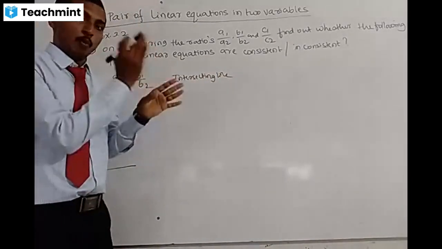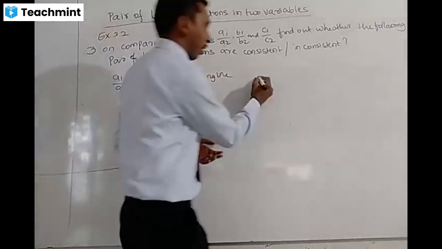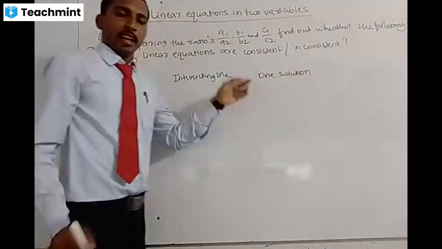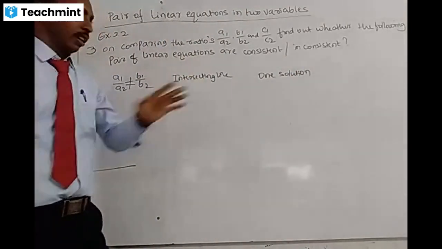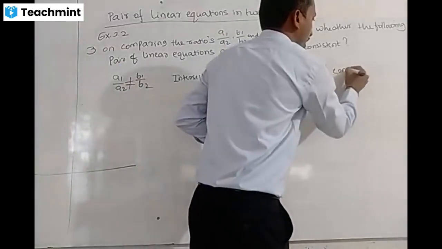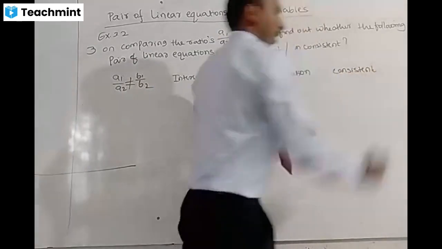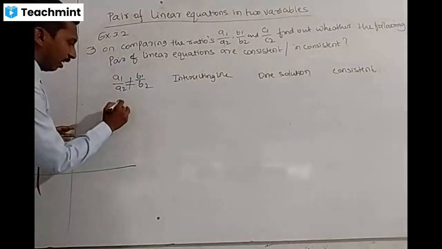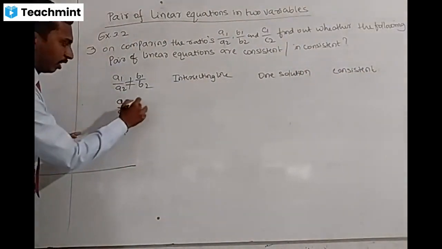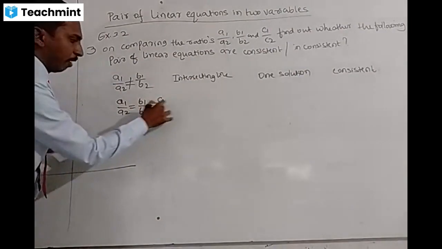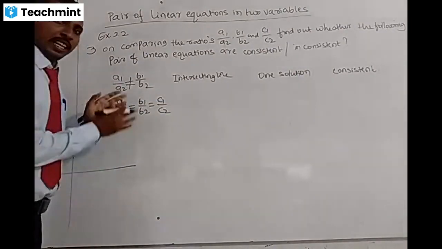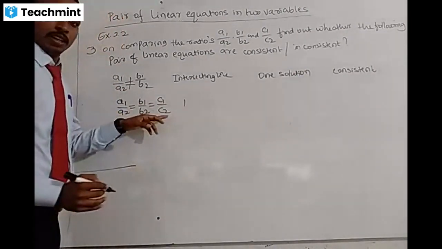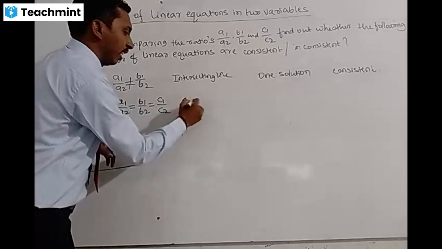If they intersect at one point, then it has a unique solution, only one solution. If it has a solution, one or many, then these equations are called consistent. Now if the ratio A1 by A2 equals B1 by B2 equals C1 by C2, then these equations represent coincident lines.